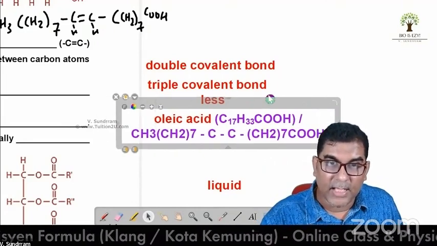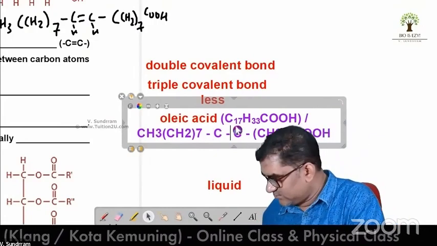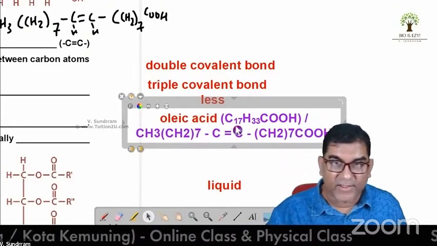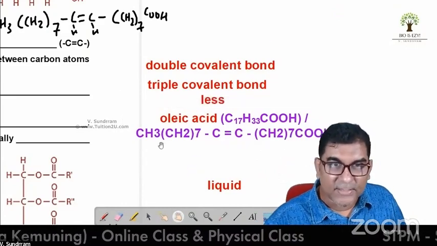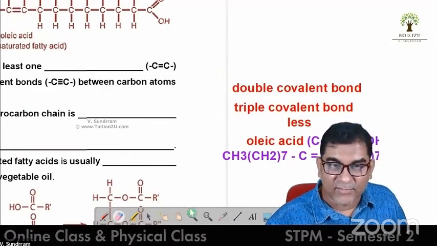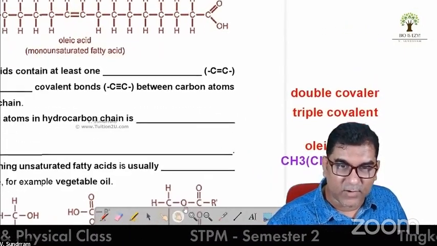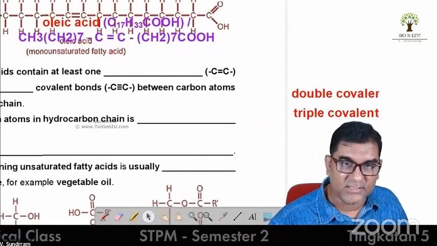Actually, I can just use this as equals. Okay, perfect. Tak payah susah-susah lah tulis macam ini ya. I forgot about the equals to. Okay, now this formula mana dapat? Dari sini.